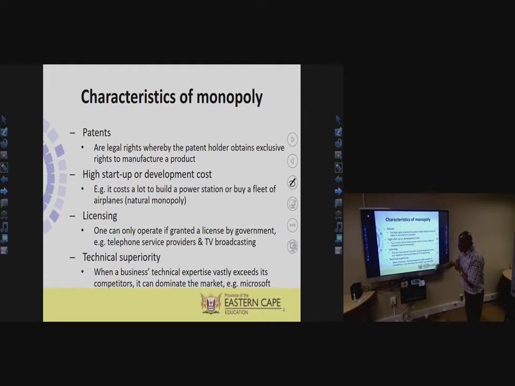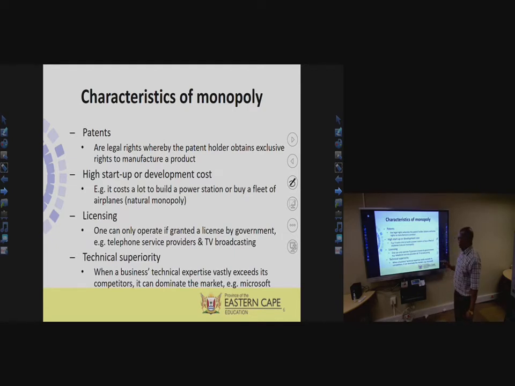And therefore, because of that start-up cost, because of that huge capital which is needed, there will be no competitors, there will be few people who will be willing to compete with ESCOM.